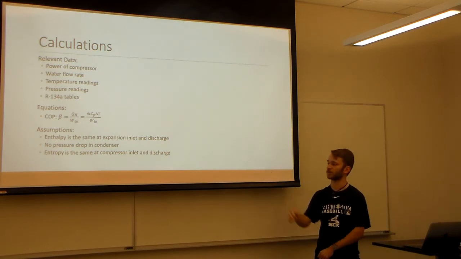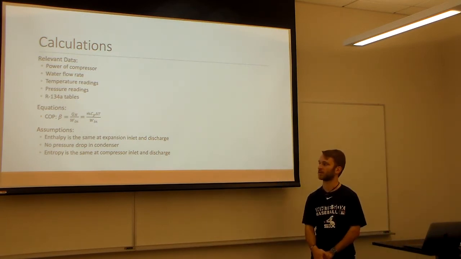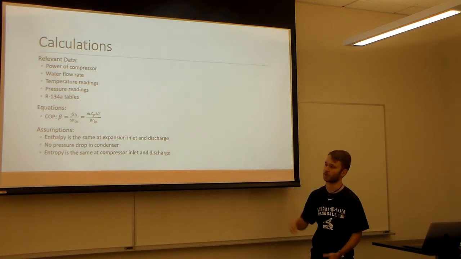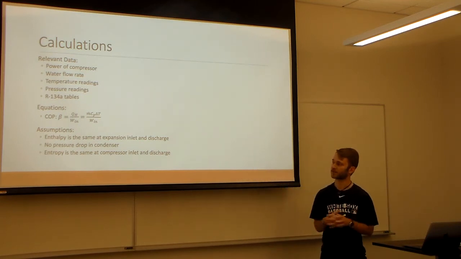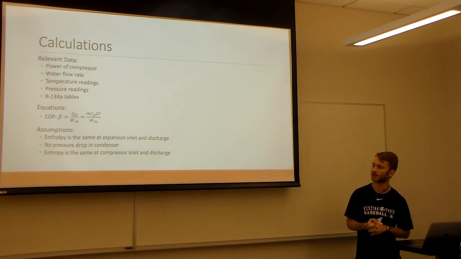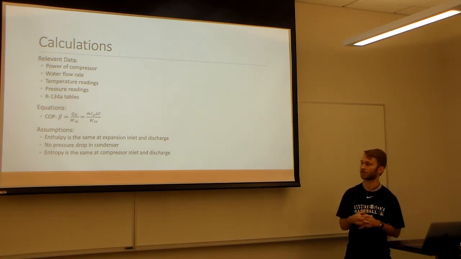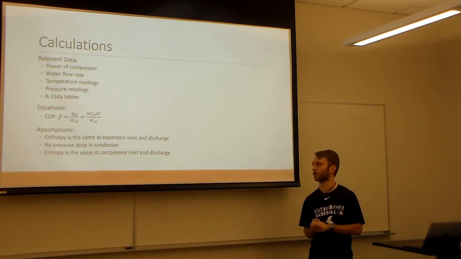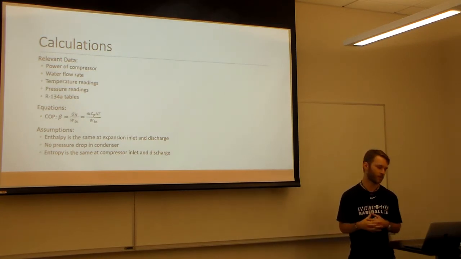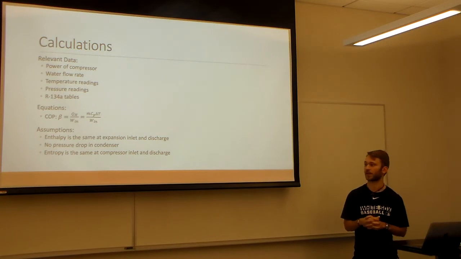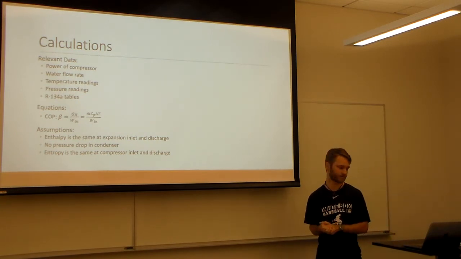This is the equation we'll be using to calculate the coefficient of performance. This is for the real case. There's another equation for the ideal case. And then some assumptions we'll be making is that the enthalpy is going to be the same at the expansion valve inlet and exit. There'll be no pressure drop on our condenser. This isn't entirely true, but just simplifies the problem a little bit. And then entropy is also the same at the compressor inlet and exit as well.